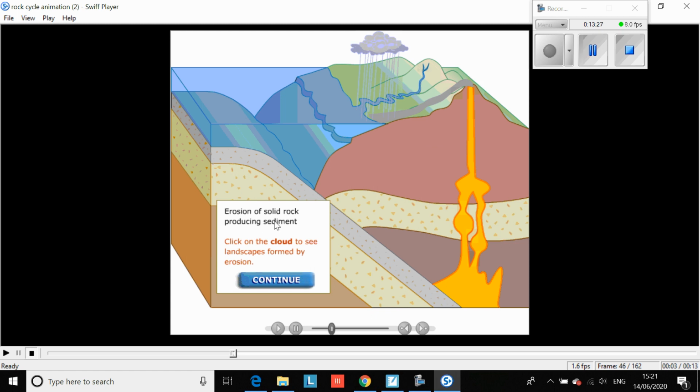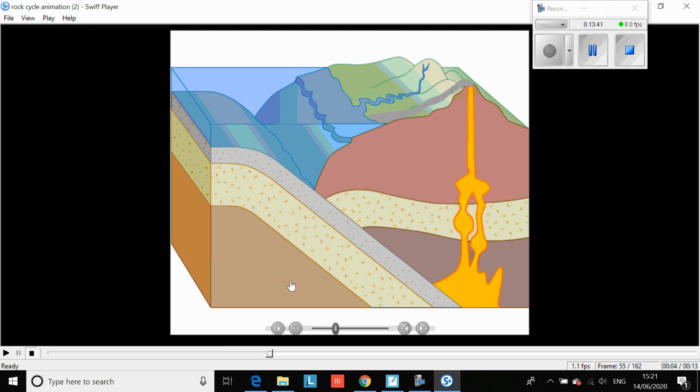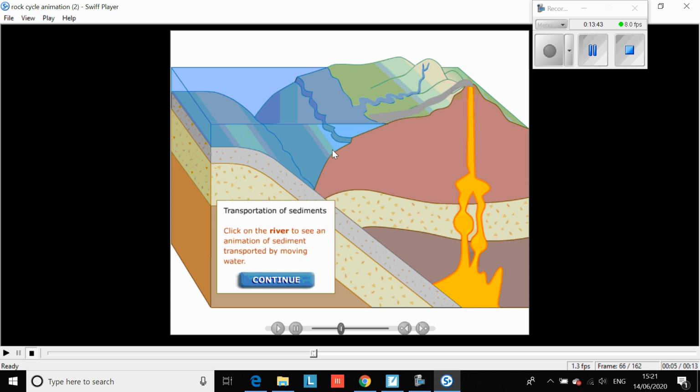So erosion of solid rock produces sediment, small broken bits of rock, and those will often get carried away by rivers, streams, or by the wind if they're small enough. And then there we can see our sediments being transported in the river.